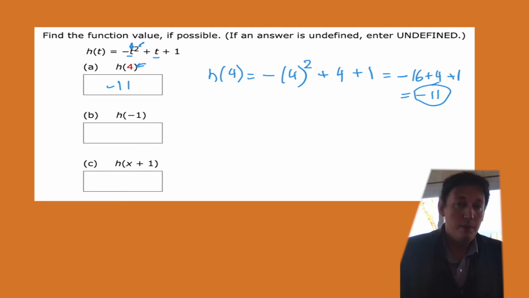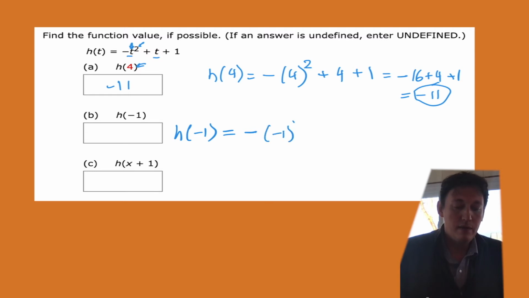All right, for part B, we're going to do the same thing. Just going to plug in -1, which makes it a little trickier with the negative signs, so we just have to be careful of that. H of -1, we have the negative that comes from the formula again.